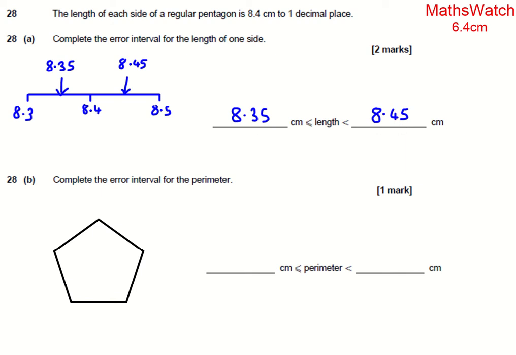So all we're doing to get our perimeters is multiplying these lengths by the 5 sides that would be added together. So 8.35 times 5 is 41.75, and 8.45 times 5 is 42.25. And that is the end of the exam paper for June 2018, paper 2.